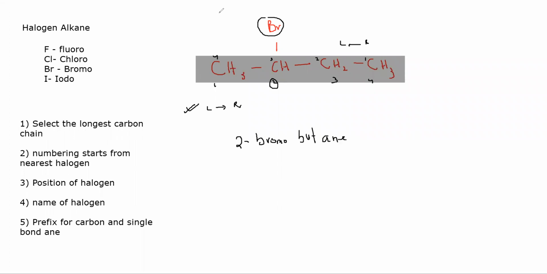So 2-bromobutane. The name of this compound is 2-bromobutane, which shows that bromine is attached to the second carbon. Is it clear?